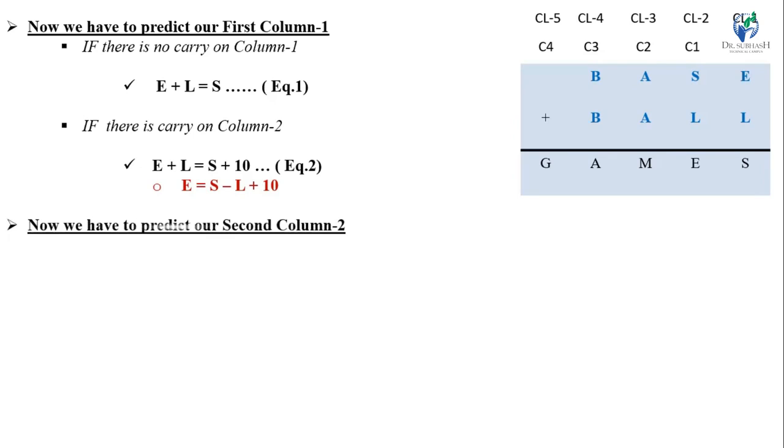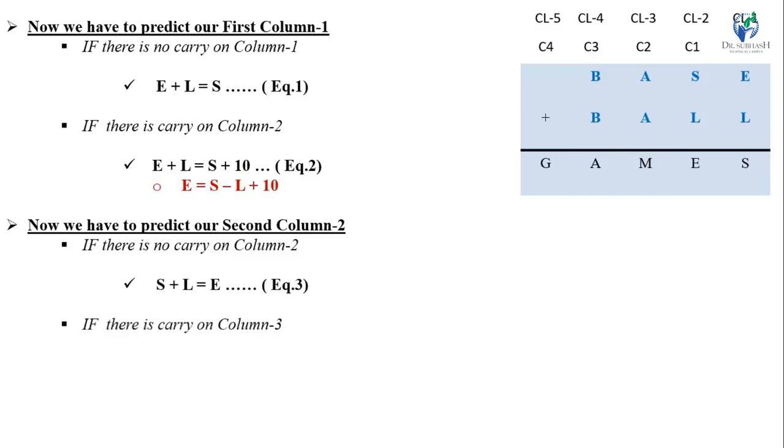Now we have to predict our second column too. Here, the same possibility for carry. First, if there is no carry on column 3, then S plus L is equal to E. Consider it our third equation. Second, if there is a carry on column 3, then S plus L is equal to E plus 10.